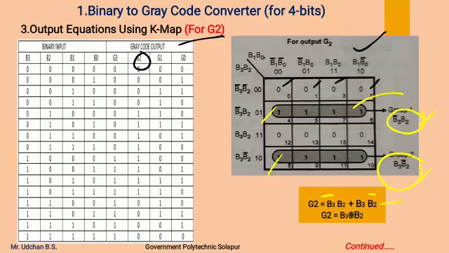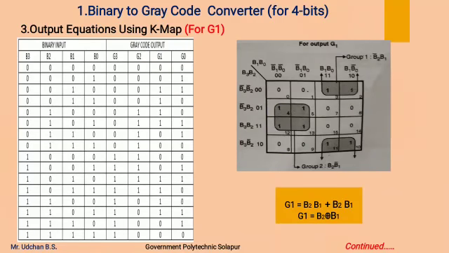This equation looks like the equation of an XOR gate. So in short, the equation for G2 is written as B3 XOR B2. After this we will find the equation for the G1 variable. The entries of the G1 column are made onto this K-map.